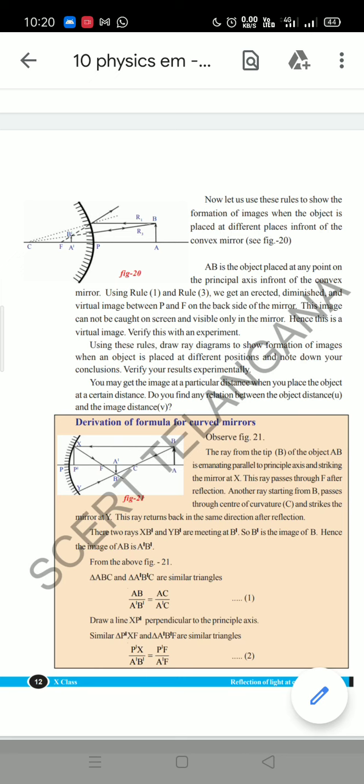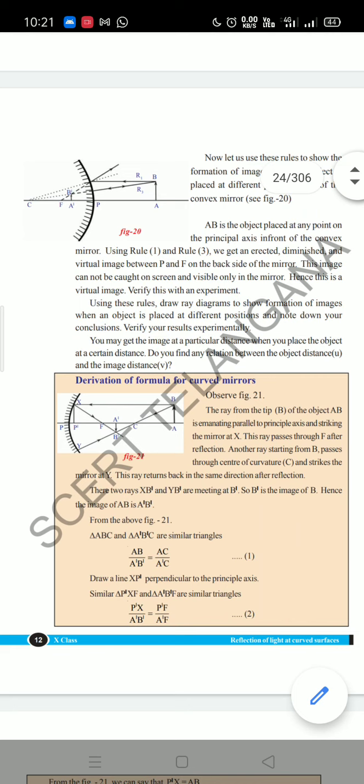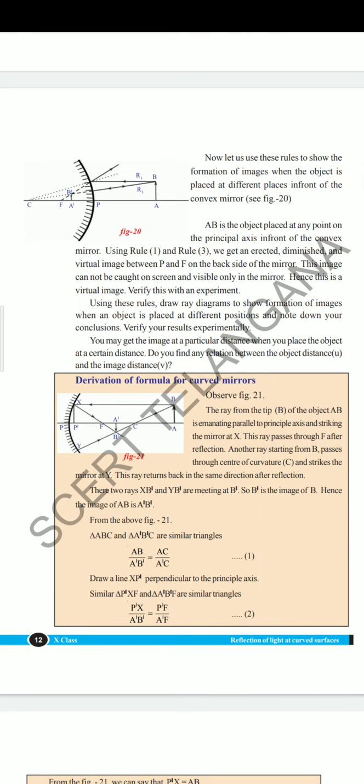Now let us use these rules to show the formation of images when the object is placed at different places in front of the convex mirror. See figure 20. AB is the object placed at any point on the principal axis in front of the convex mirror.